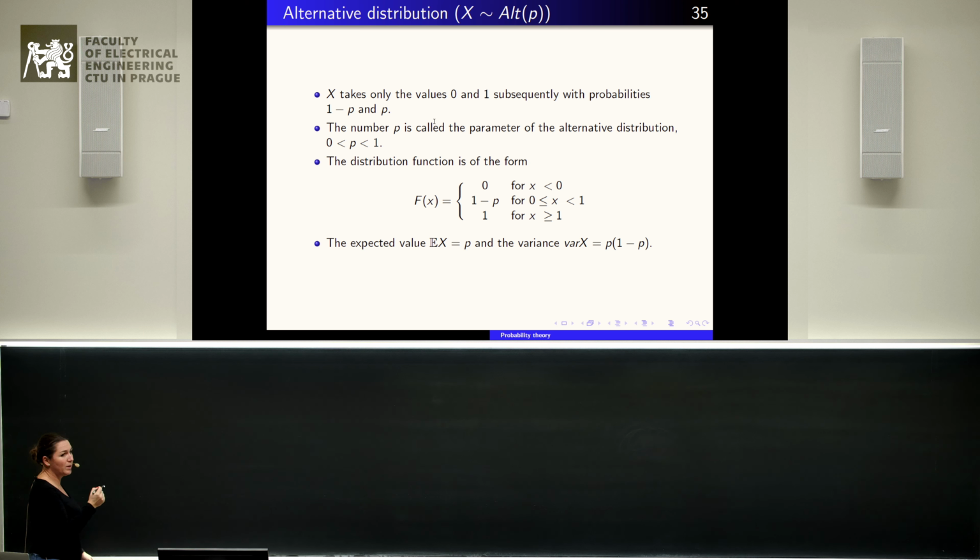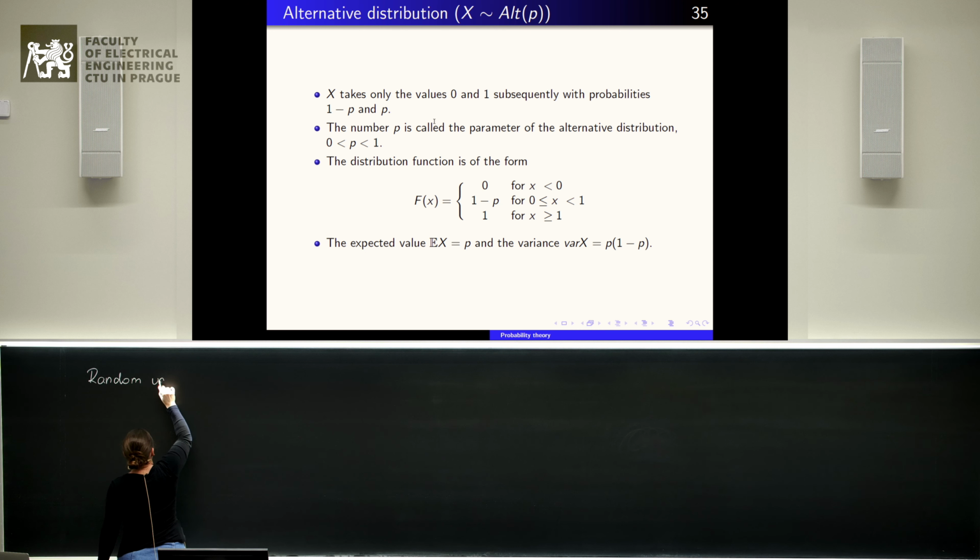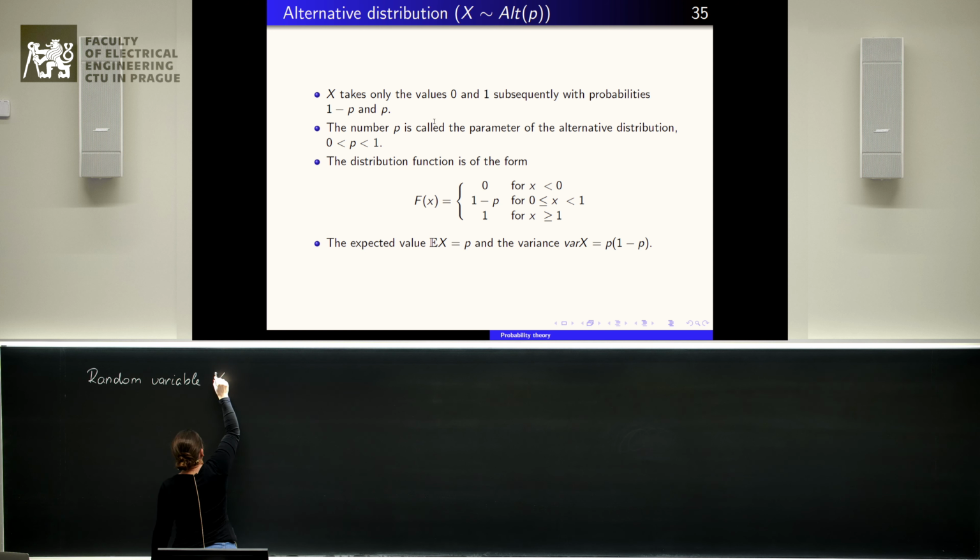So, last 2 weeks, we worked with so-called random variables. And random variable X is a mapping from the set of elementary events to real numbers.